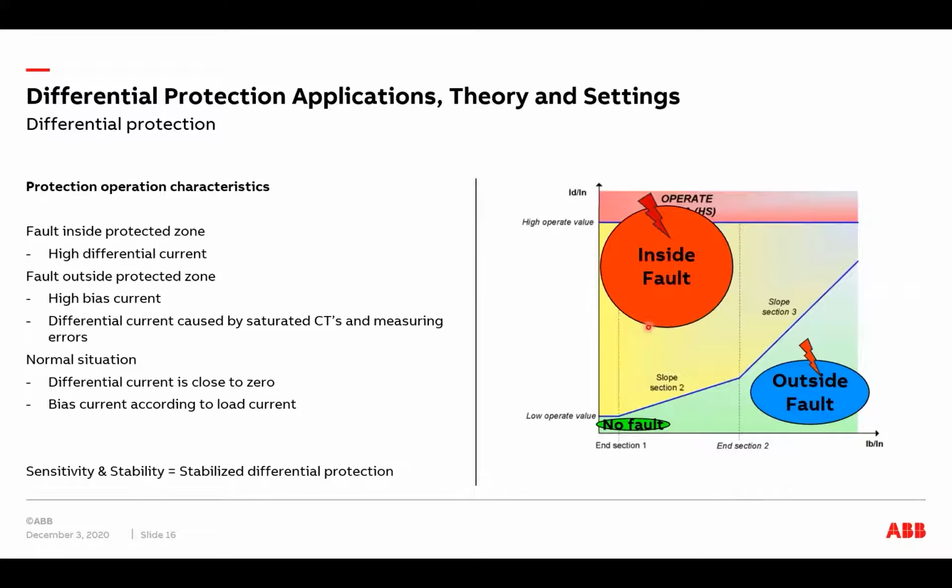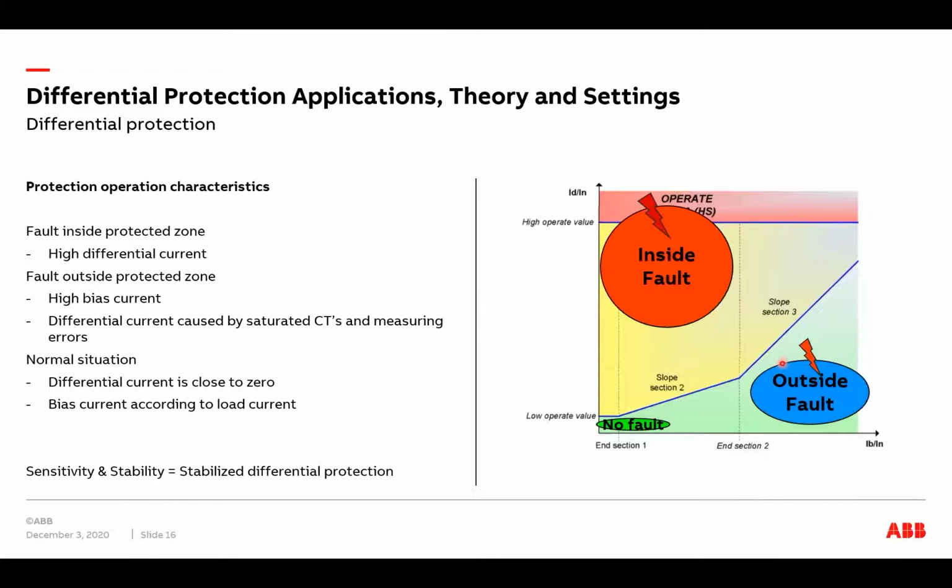In case we have a fault outside the protected zone, let's say a downstream fault, it means that there will be a high current flowing through the power transformer, but in that case, we shouldn't operate. In such a situation, we can expect a high bias current, but a smaller differential current.